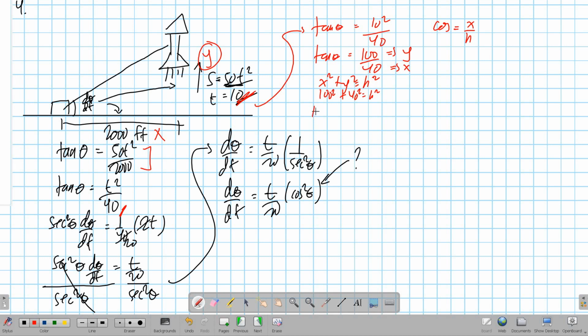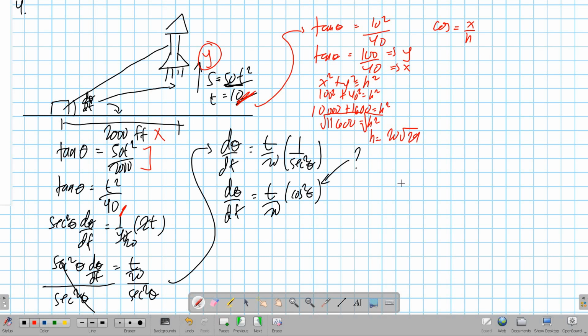That's 10,000 plus 1,600 is equal to h squared. So we have 11,600 is equal to h squared. Square root both sides. H will then have a value of 20 square root of 29.